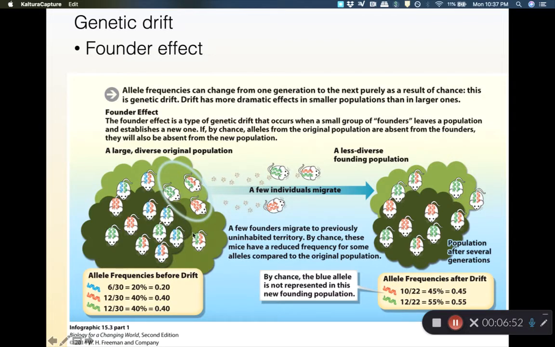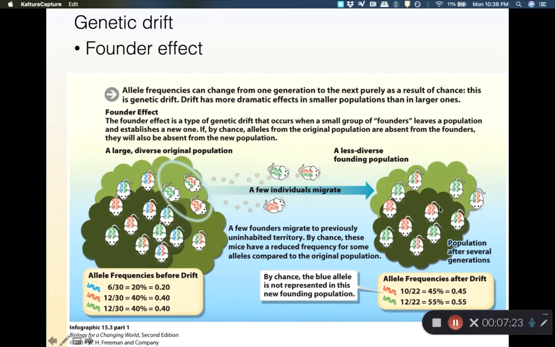But what happens if only a few of these, again, a random selection of these mice, migrate to a new area? Let's call this Midtown. So if all of these mice move and migrate to Midtown, they reproduce, we see that the allele frequencies differ because the mice that founded this new population are different than the mice that comprise this total population.